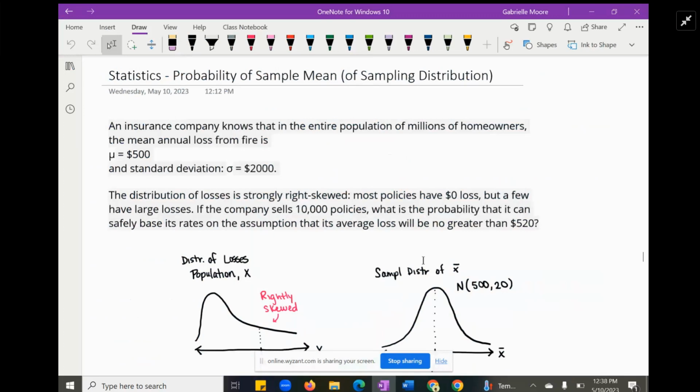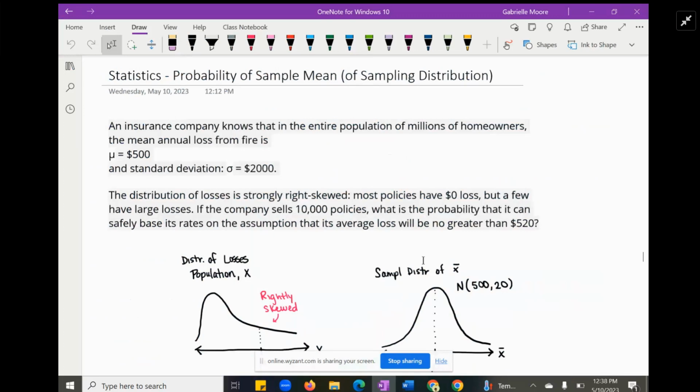Most policies have $0 loss, but a few have large losses. If the company sells 10,000 policies, what is the probability that it can safely base its rates on the assumption that its average loss will be no greater than $520?